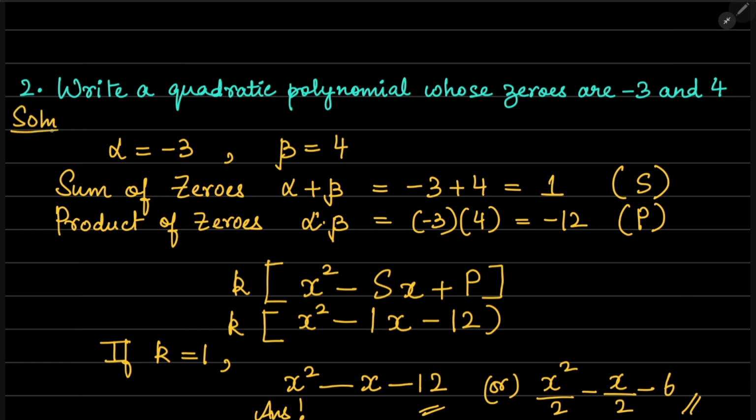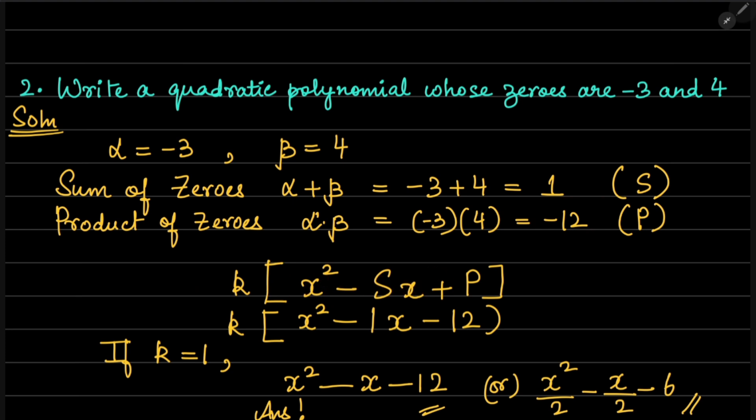So whenever you have a question wherein zeros are given, and you are asked the quadratic polynomial, what will you do? First of all, you will assume one of the zeros as alpha, the other zero as beta. Find the sum of the zeros, that is add the two and denote it with S. Find the product of the zeros, multiply them, and that will be P. And remember this formula, k multiplied by x square minus sum of zeros into x plus product of the zeros.